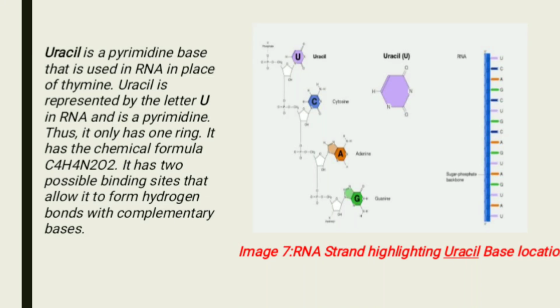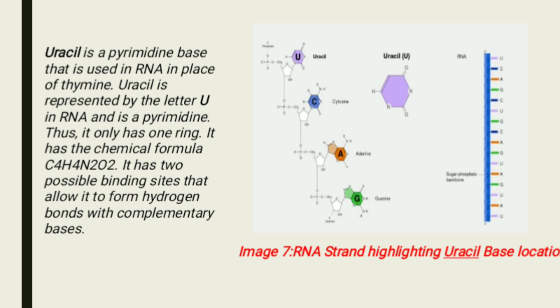Coming to uracil, it is present only in RNA, in place of thymine. Thymine is not present in RNA, so in place of thymine, uracil is present in RNA. So adenine always pairs with uracil in RNA, and guanine always pairs with cytosine, and vice versa.